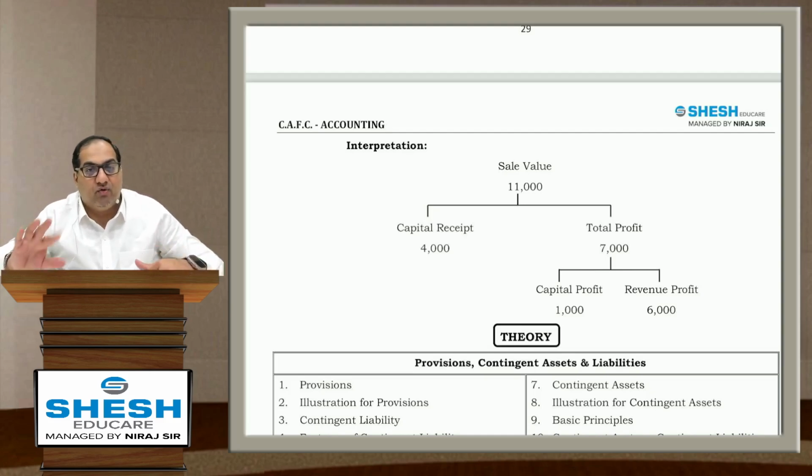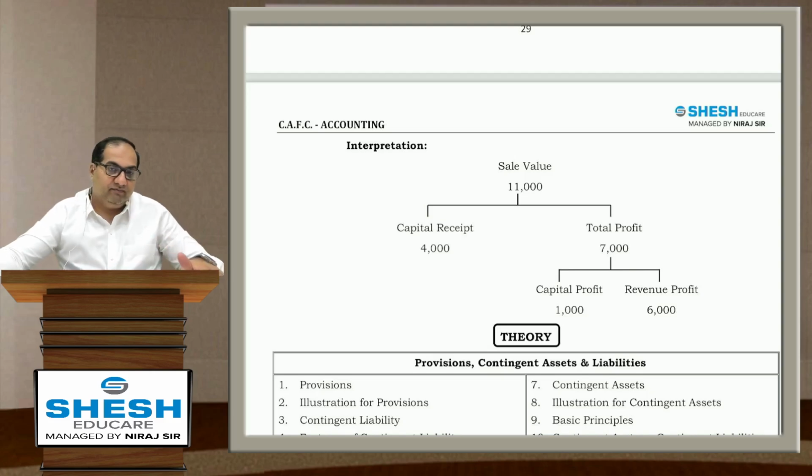What is left, 7,000, is the overall profit. Out of this overall profit, the amount which is more than cost will be treated as capital profit and not profit of a day-to-day nature. So it will not be credited to the profit and loss account of the current year. And the rest is revenue, that is 6,000.